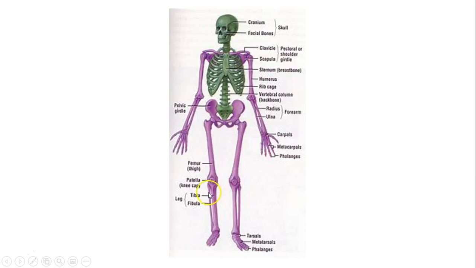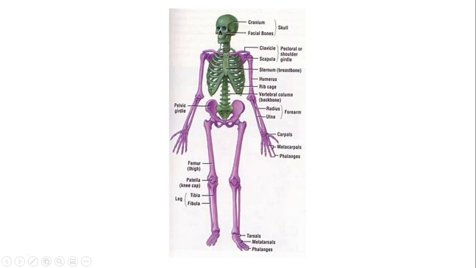There's your femur, your tibia, your fibula. Make sure you spell those right. There's your patella. Make sure you know the bones of the hand, and the clavicle, the scapula, the mandible, and the frontal, parietal, temporal, and occipital bones, all those guys. We can't really see them from here.